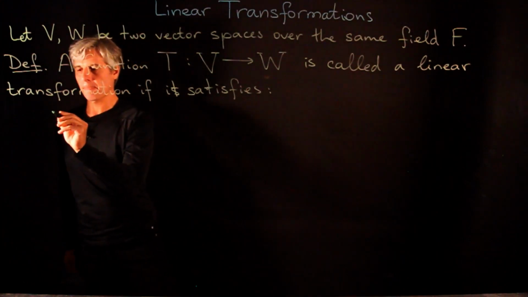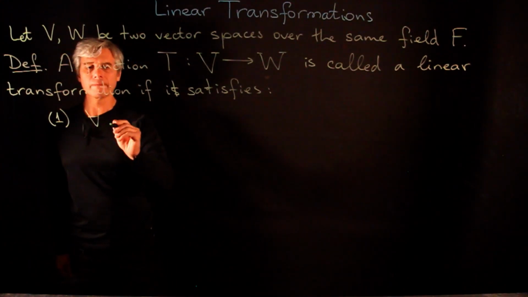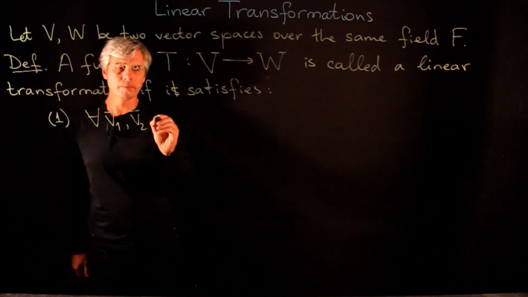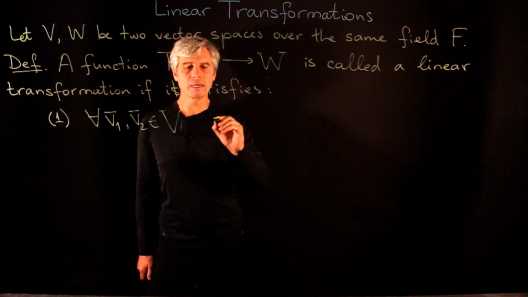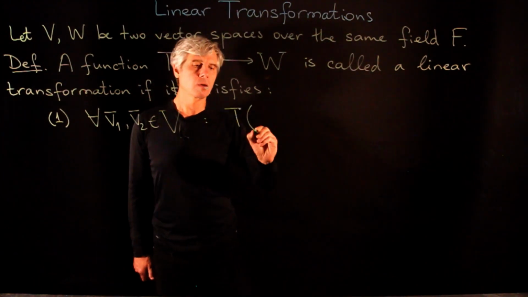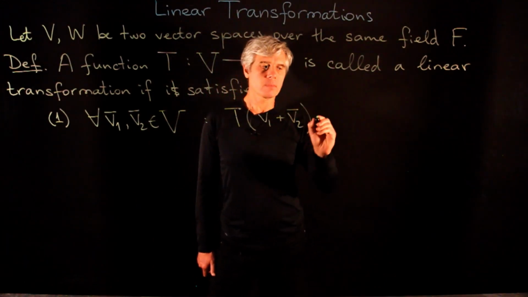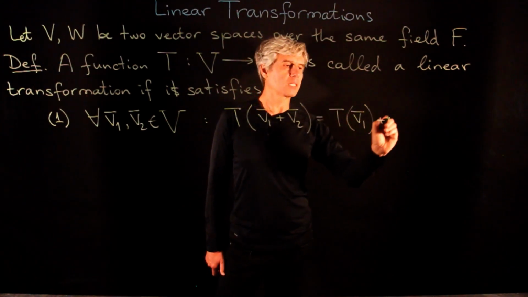One, for every V1 and V2 in the space V, we have T of V1 plus V2 is equal to T of V1 plus T of V2.